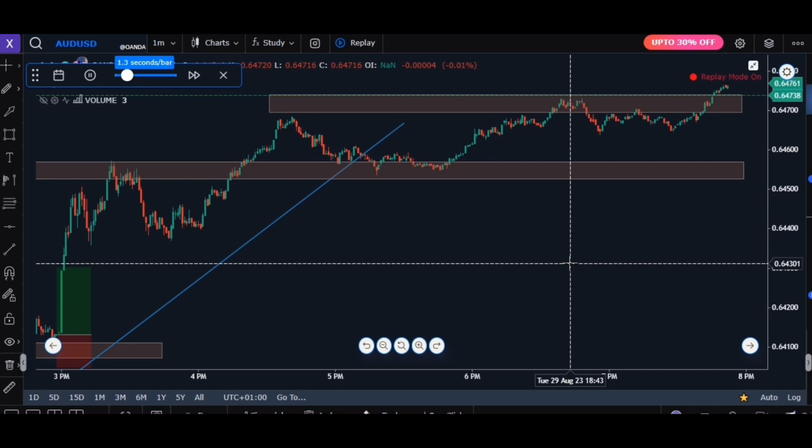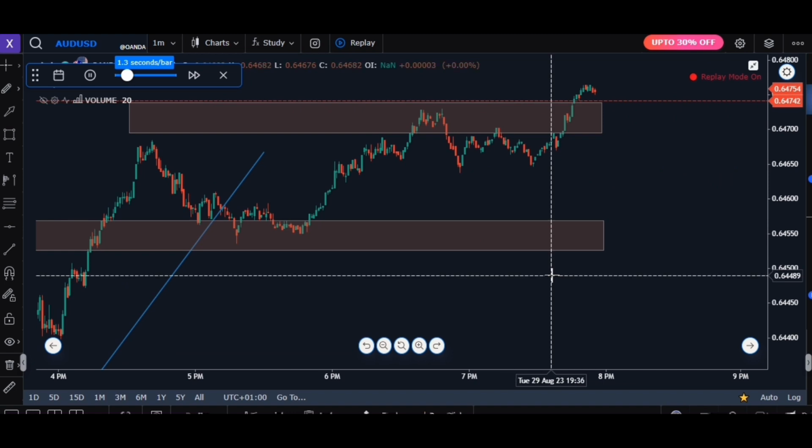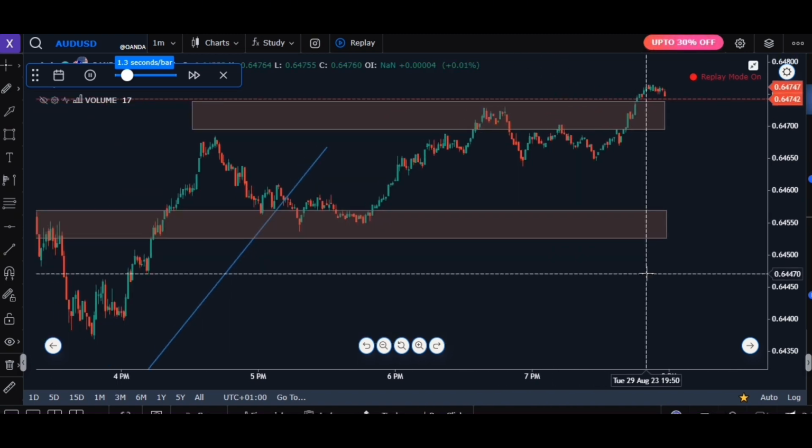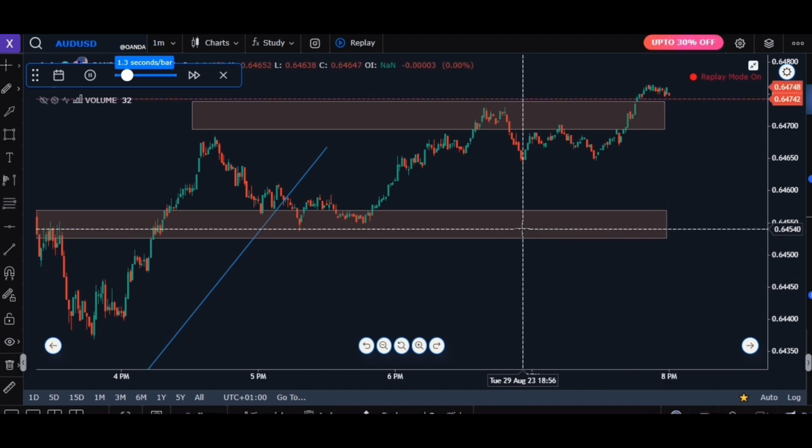So the market finally broke the resistance point to the upside. Okay, so it means a trend continuation.